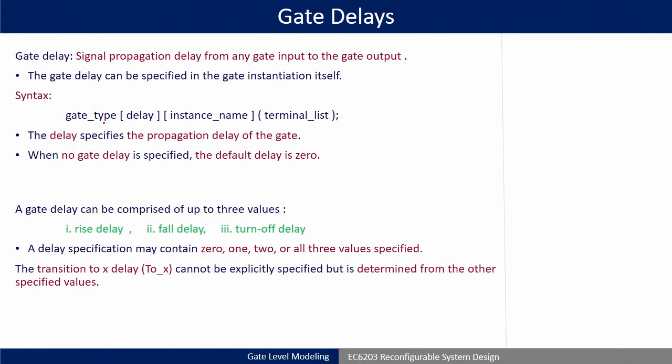Like this we can see the gate type, it can be any of the gates we have discussed in the earlier classes. Then you have to give delay. The delay is in square brackets, which indicates that it is optional. If you want you can give delay; if you only want an ideal case, then no delay is also allowed.